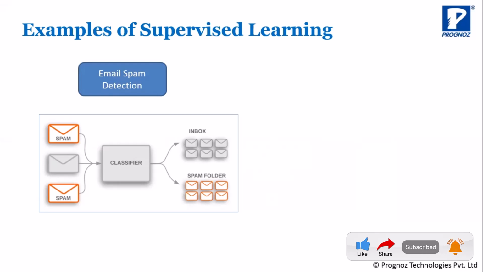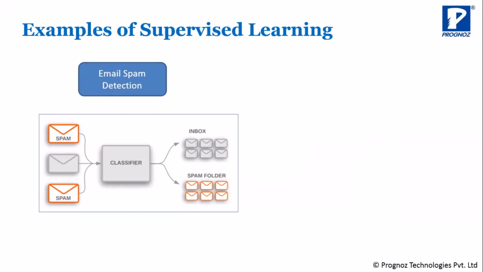It will then put it inside the spam folder. Why is this done successfully? Because it was provided ample information that if you see so and so type of email, please classify it as spam. Otherwise, put it inside the normal inbox section. That way the machine was trained. So whenever a new mail comes, the machine will be able to classify it as a normal email or as spam.